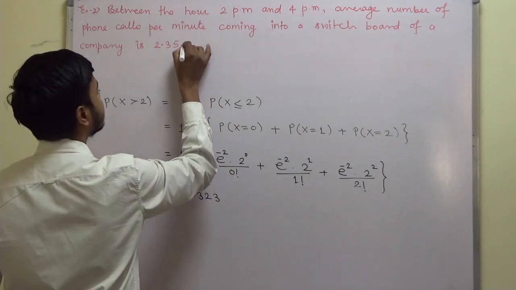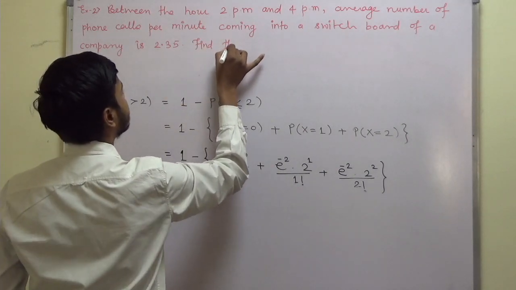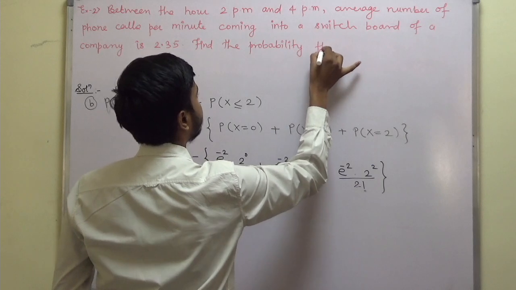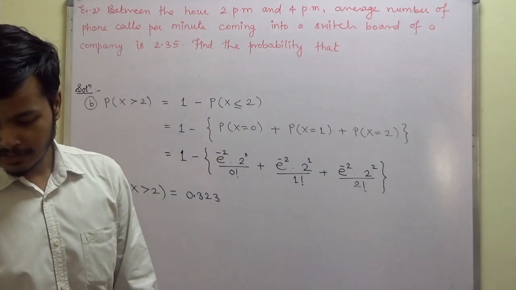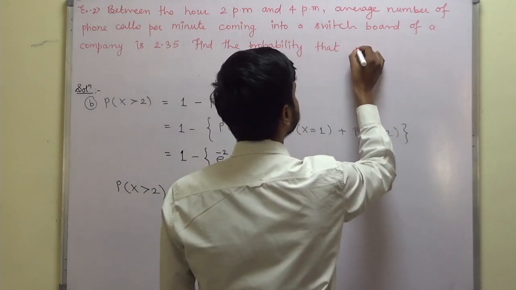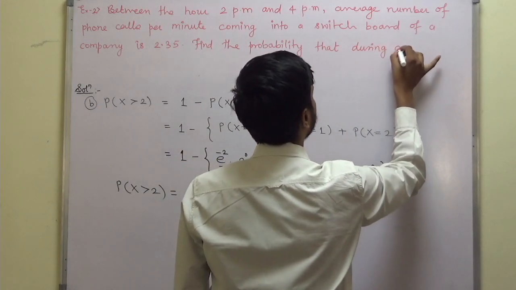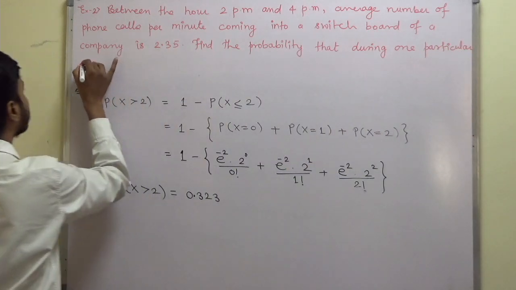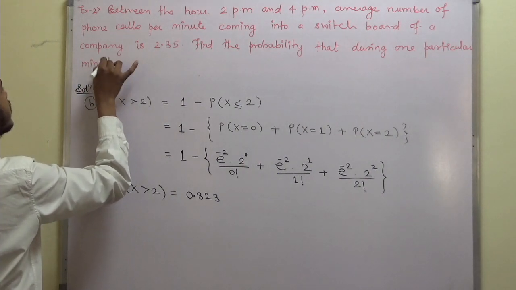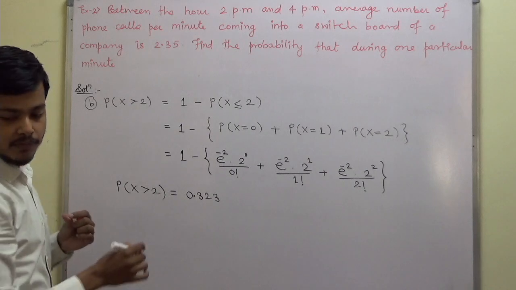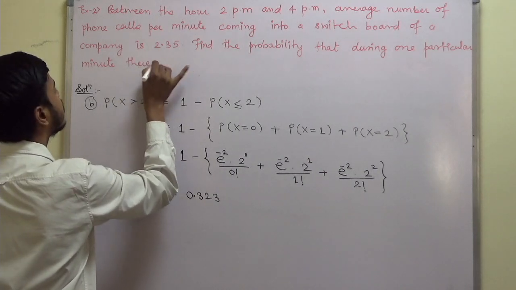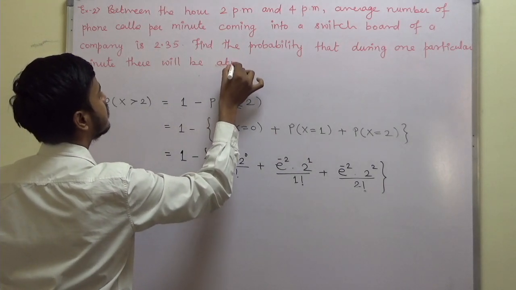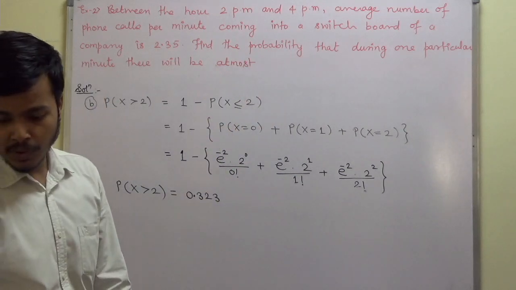Find the probability that during one particular minute, there would be at most 2 phone calls.